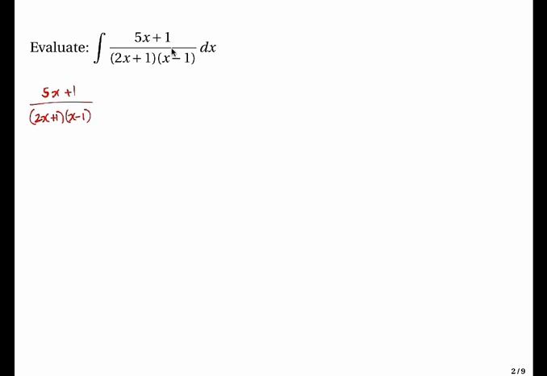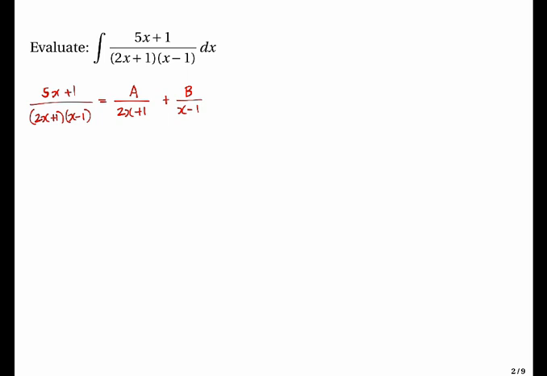So we have here two linear expressions in the denominator, which means that this rational expression can be written as A over the first linear expression in the denominator, which is 2x plus 1, plus B over the second expression in the denominator, which is x minus 1.